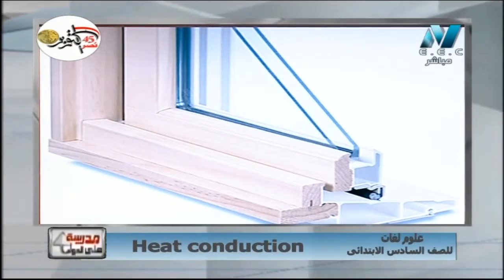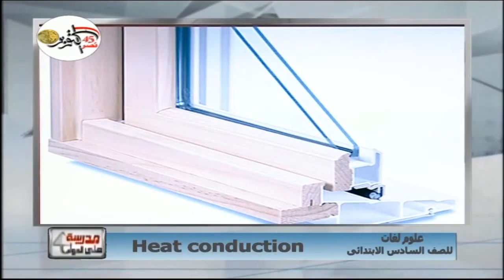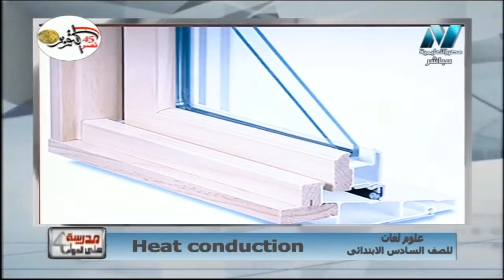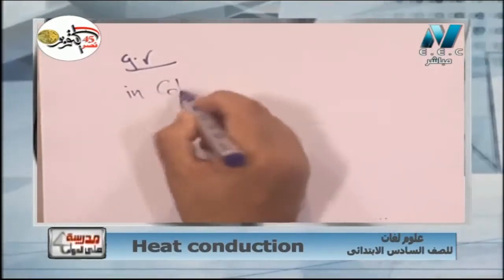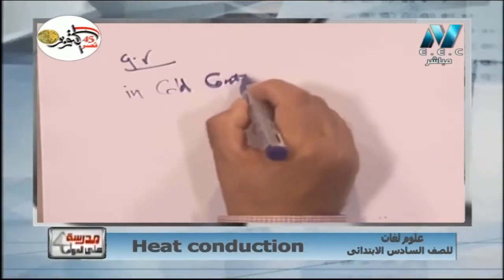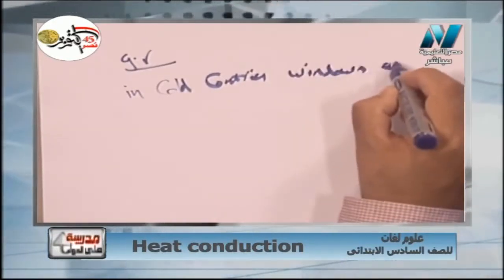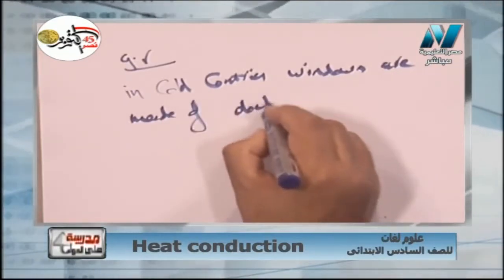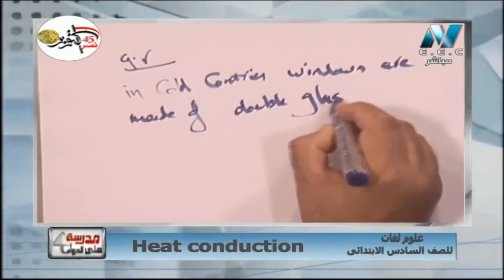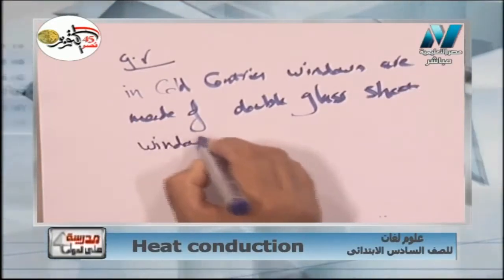طب دايماً السؤال ده ممكن يجي لنا في الجيف ريزون. طب نجاوب عنه إزاي؟ ناخد مع بعض كده جيف ريزون للسؤال ده. نكتب مع بعض جيف ريزون. Okay, give reason: in cold countries, في الدول الباردة, windows are made of double glass sheet window. Why?